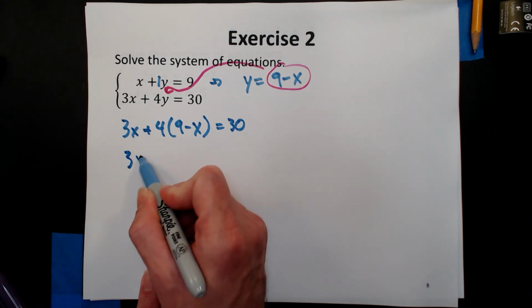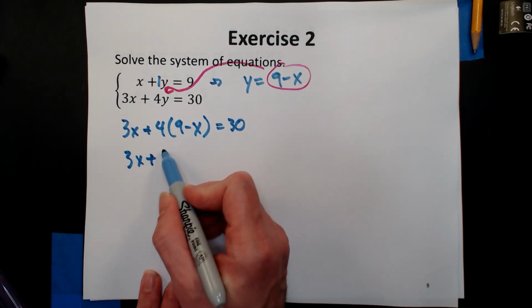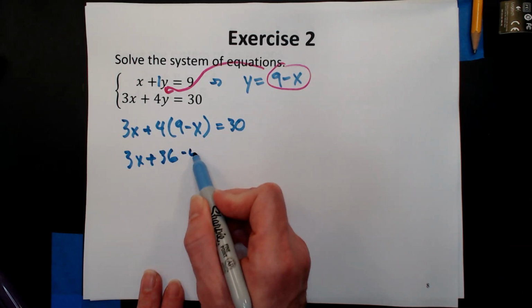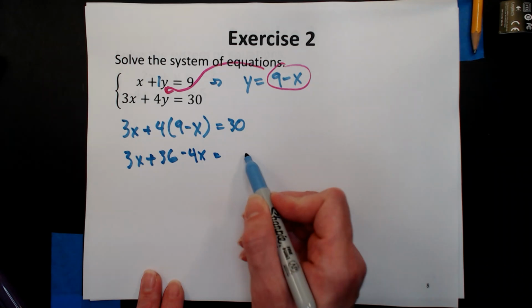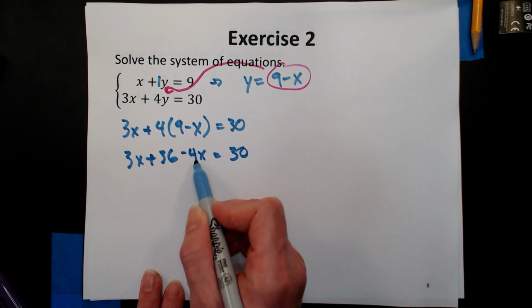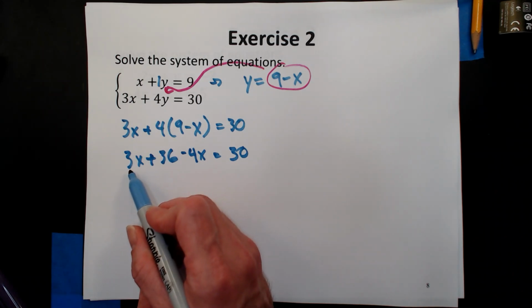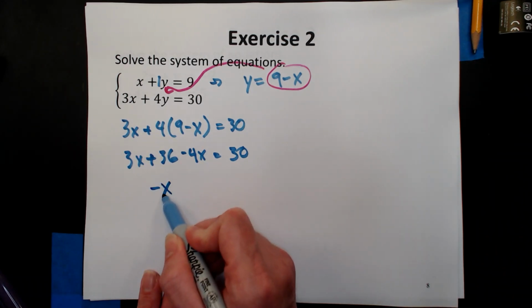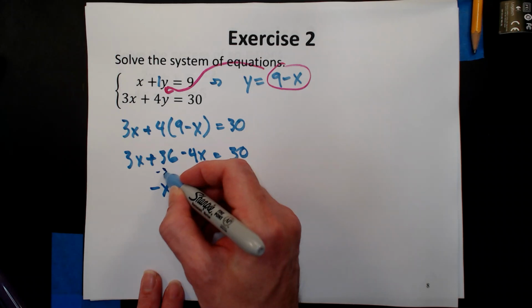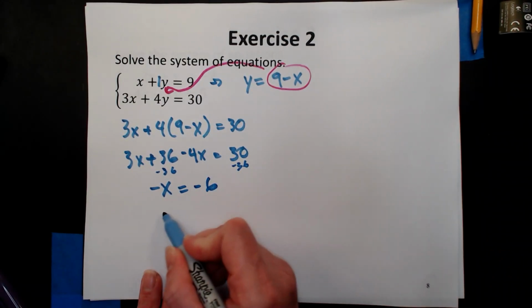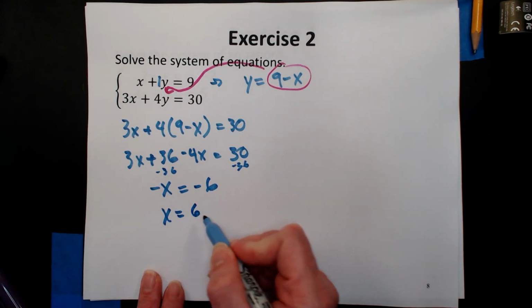That becomes 3x plus 4 times 9, which is 36, minus 4x, because it should be that 4, equals 30. So I'm going to combine the 3x and negative 4x. I'm going to get negative x, and then I'm going to subtract 36 from both sides because I want my constants on one side. I'm going to get negative 6, so that means x must have been 6.